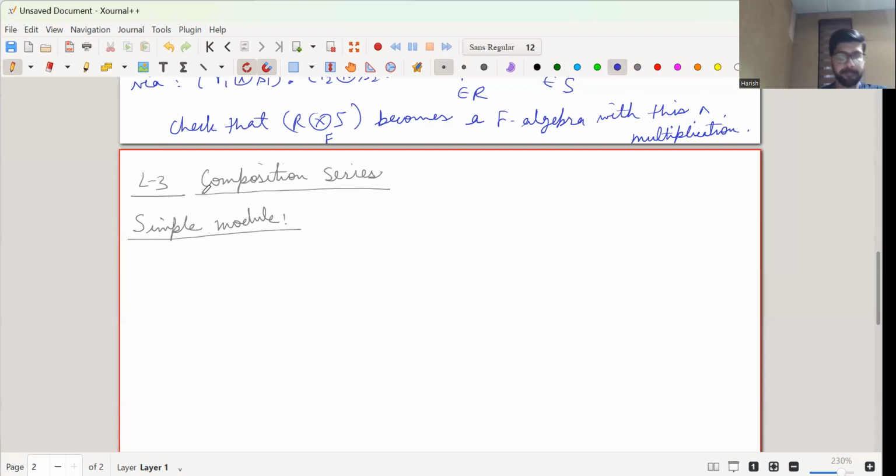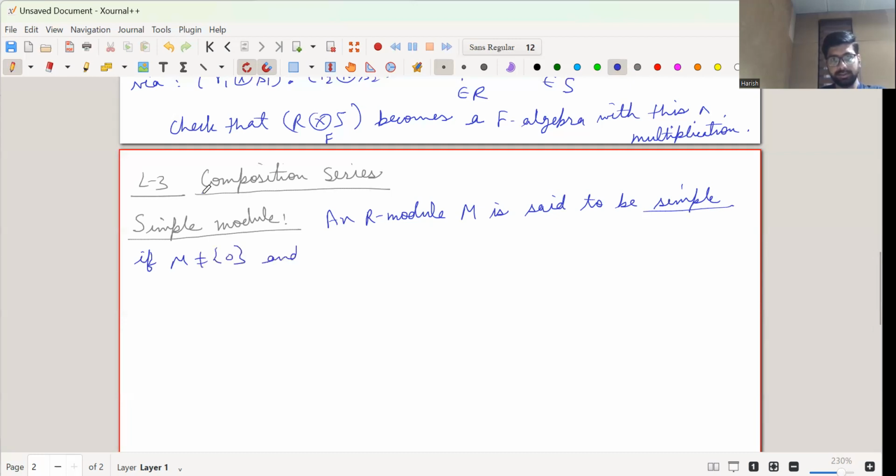Our module M is said to be simple if it's a non-zero module first of all, and M does not contain a non-trivial proper submodule.